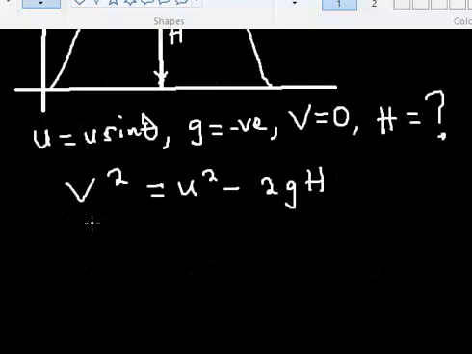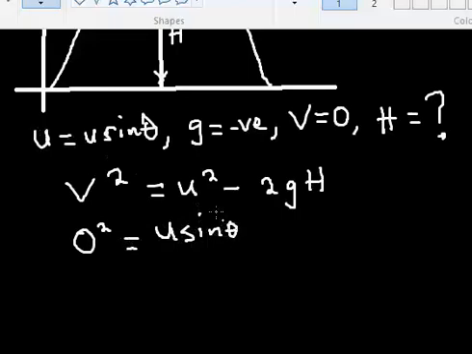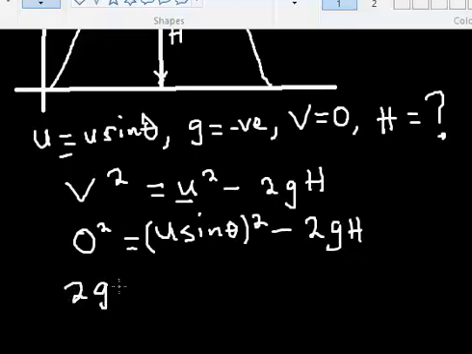All right, so of course this is 0. Then now it's going to be U sine theta. U is the vertical component, which is U sine theta, all squared, then minus 2GH. So if I rearrange my equation now, I will have that 2GH is equal to, open this bracket, U squared.